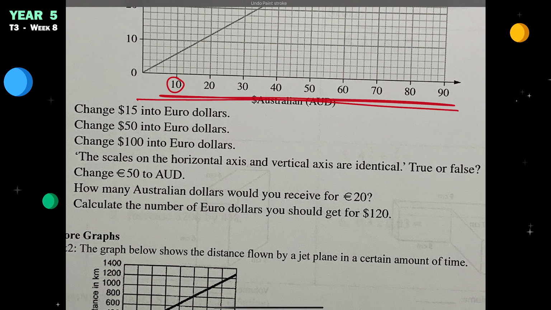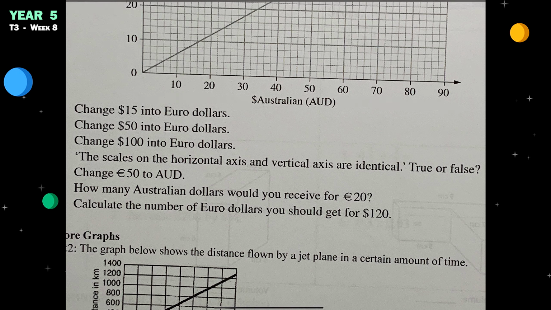So this must be 12, this must be 14, this must be 16, this must be 18, and then that's 20. So 15 should be halfway between 14 and 16. It should be here. So this is our 15 Australian dollars.